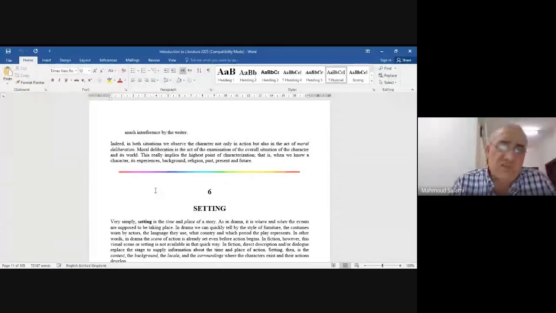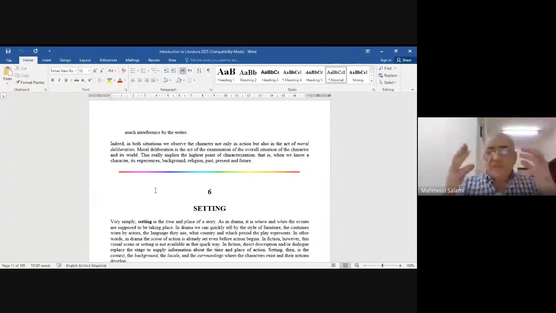The moral deliberation is the act of examination, meaning how you understand the morality, the deep down, inner side of this character. This is what we mean by moral deliberation: the inner side of a character.